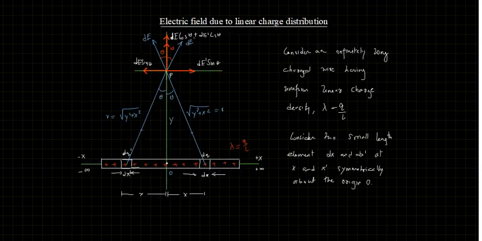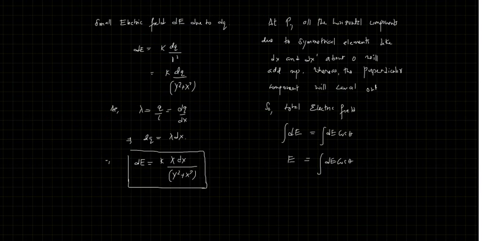Remember, we said the wire is infinitely long, so it is going from minus infinity to plus infinity. So E equals k lambda dx by y square plus x square, and then cos theta.